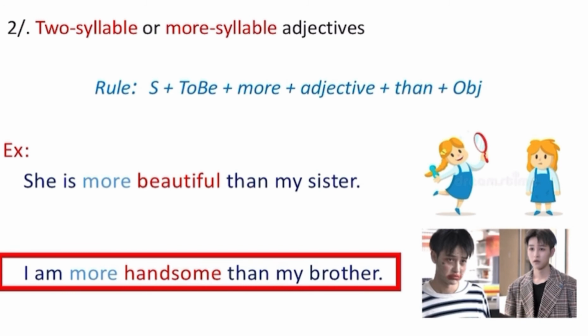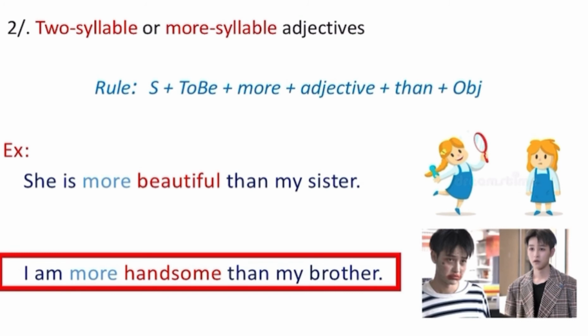I am more handsome than my brother. So here you use the word handsome. So handsome is the adjective, and it has 2 syllables. So you don't use er, but you add more instead of er.